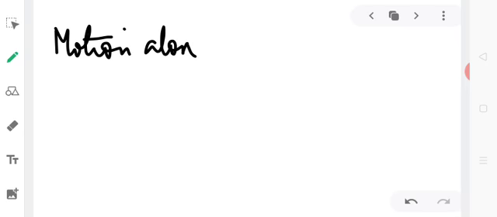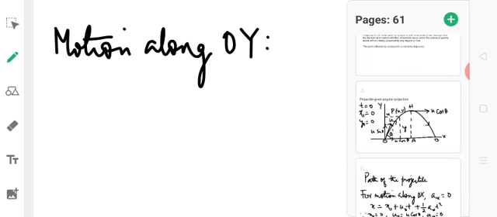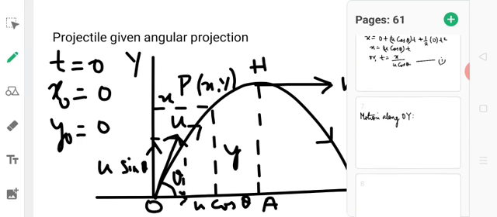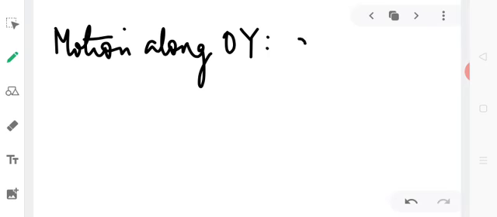Motion along OY. Since the vertical velocity of the object is decreasing from O to P due to gravity, refer to the diagram once again, hence acceleration ay will be equal to minus of g.